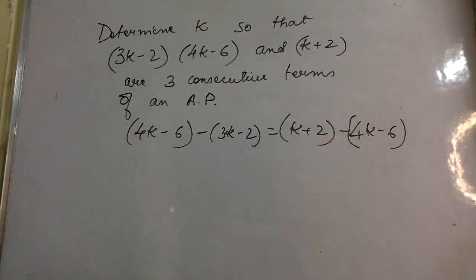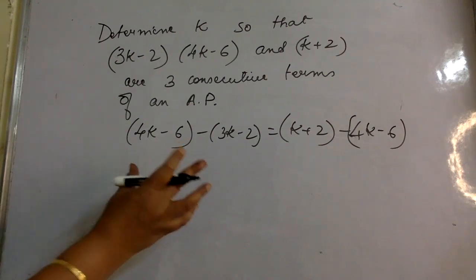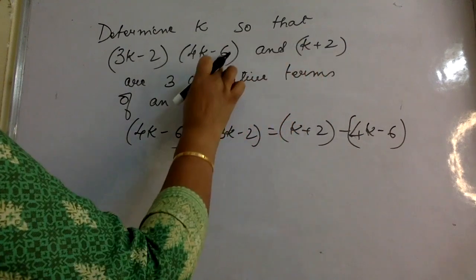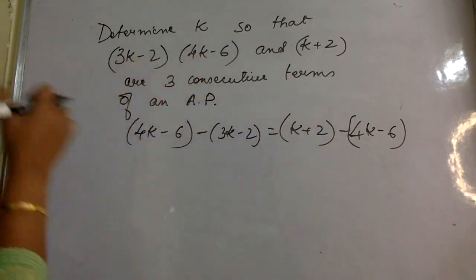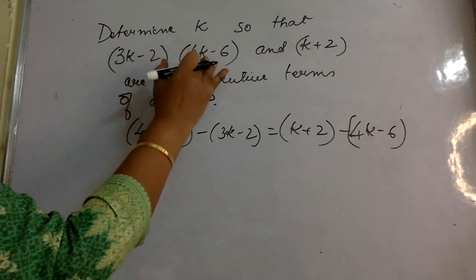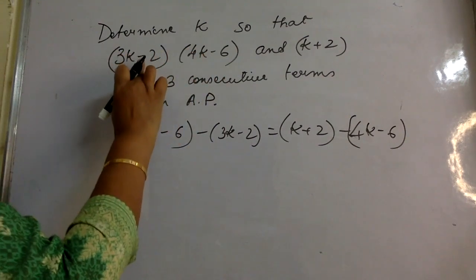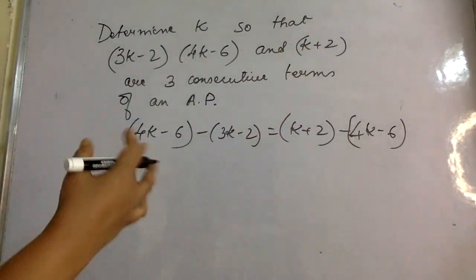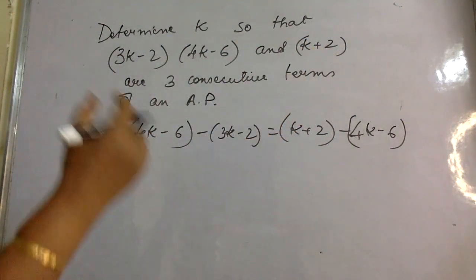So basically here also d, here also d. This term minus this term is the same as this one minus this. If you are subtracting, see to it that you are subtracting in the same direction. Don't make a mistake in that.